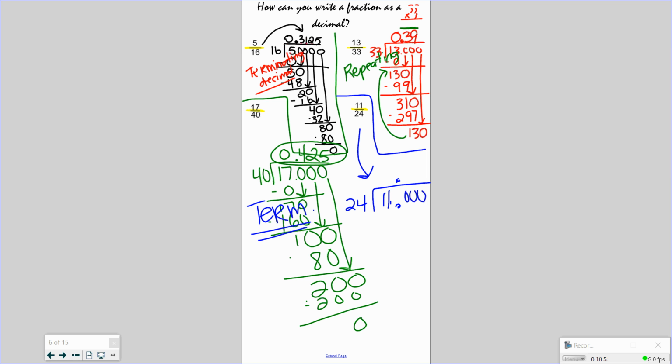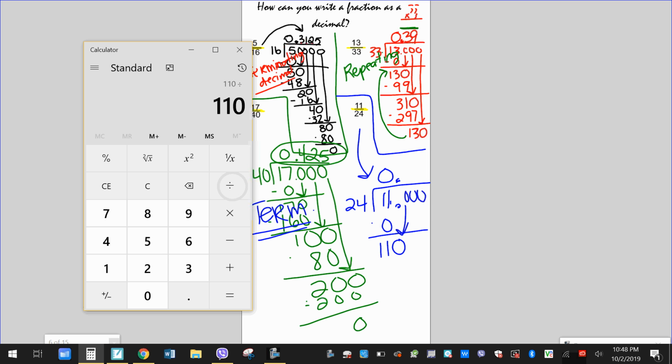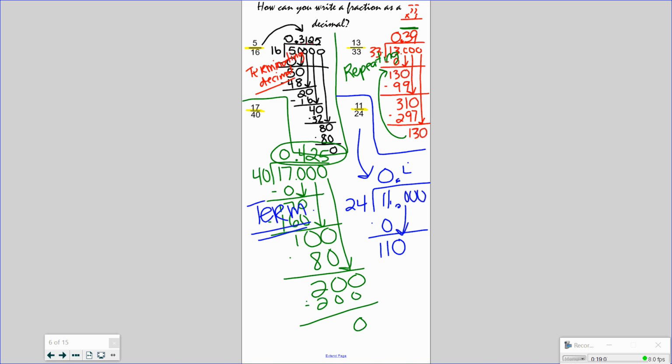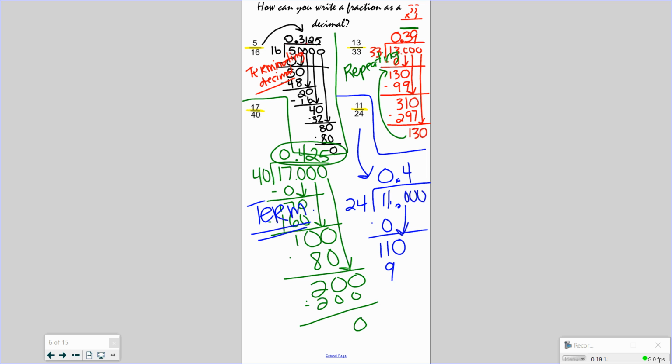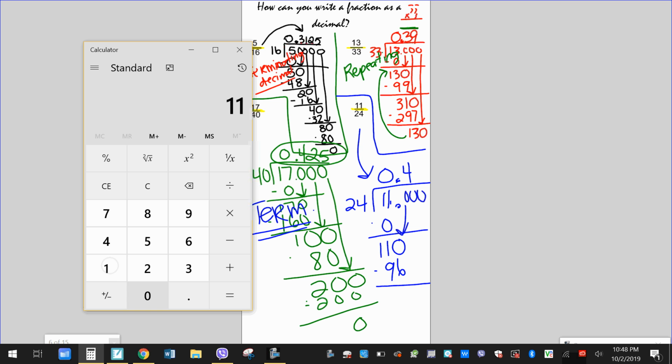All right, I'm going to go ahead, raise my decimal. 24 doesn't go in 11, so it's 0. So now I have 11 here and drop down a 0. So 110 divided by 24 is 4 times. 24 times 4 is 96. So it's 14, I believe.